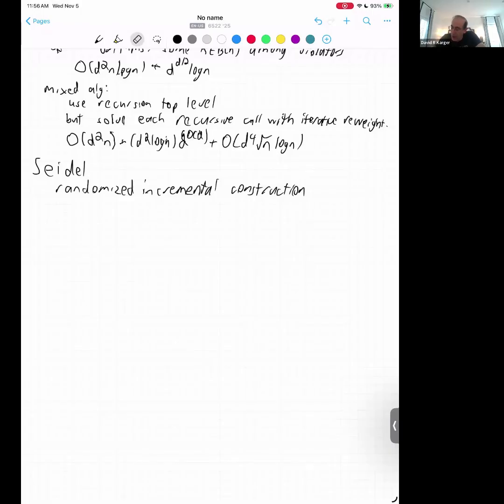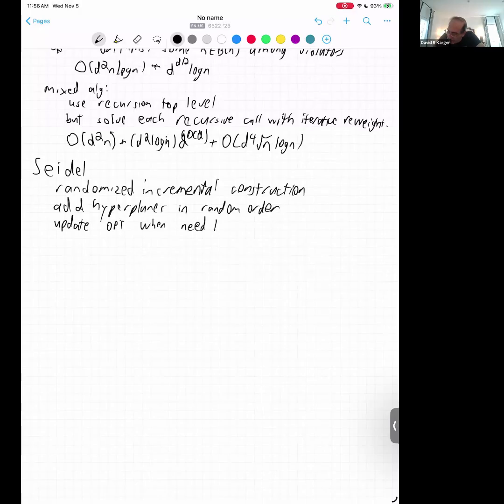So our idea here is going to be to just add hyperplanes in random order and update the optimum when you need to. So it's a two-line linear programming algorithm.